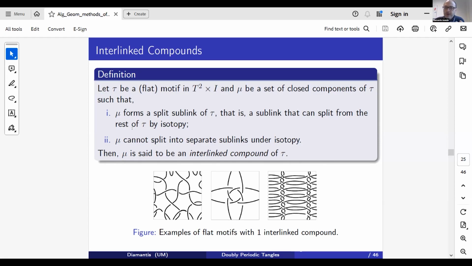And what does it mean, maybe not? For example, in the middle, there's nothing we can do to split it. So the whole thing is an interlinked compound. While here, I can see immediately that there is something I can do. No, it could be, no, it's very complicated. I thought that it goes like this in the beginning, but then I realized that it goes like this. So it's a very complicated motif. I have to zoom in and see the details a little bit.